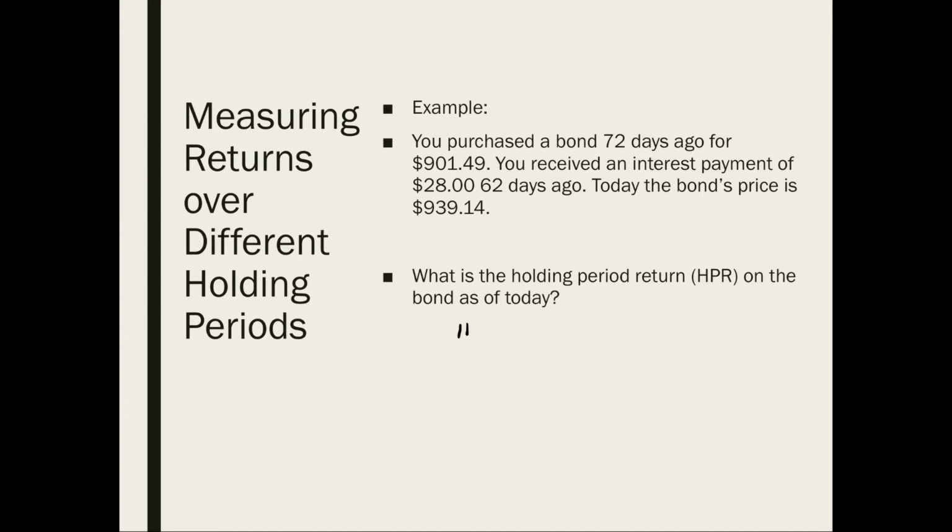As I mentioned, your holding period return is simply equal to your ending price minus your beginning price, and you add any income that you received. In this case, it is interest, and we divide that by the beginning price.